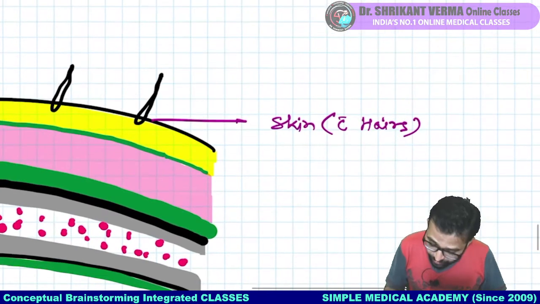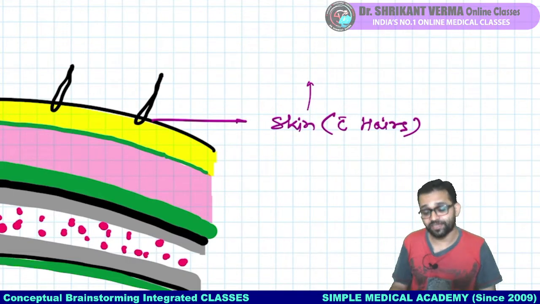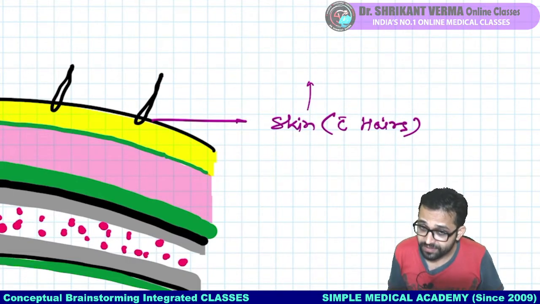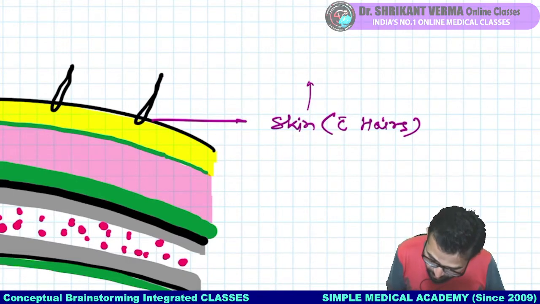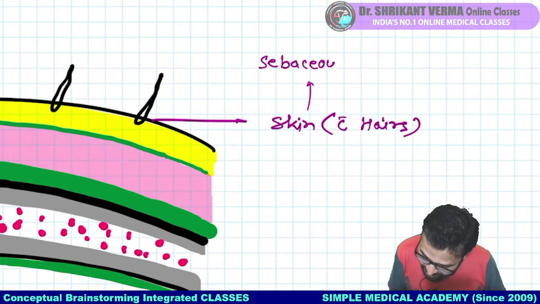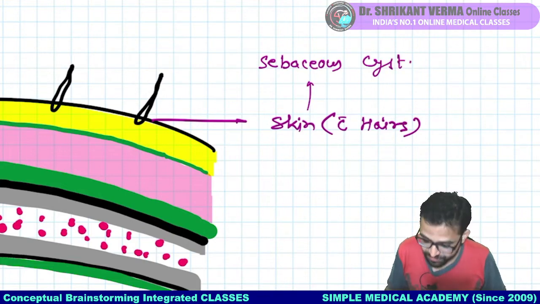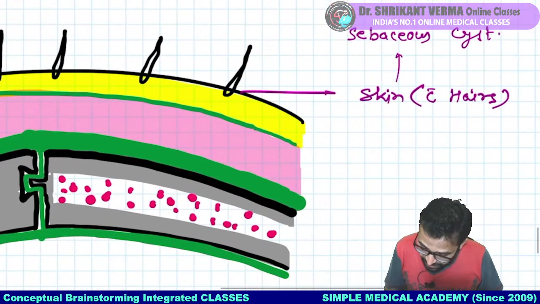What clinical point you have to remember, infection of the hair root, that is known as sebaceous cyst. So we will look at our clinical point, sebaceous cyst. Fine. Then here is our connective tissue layer.